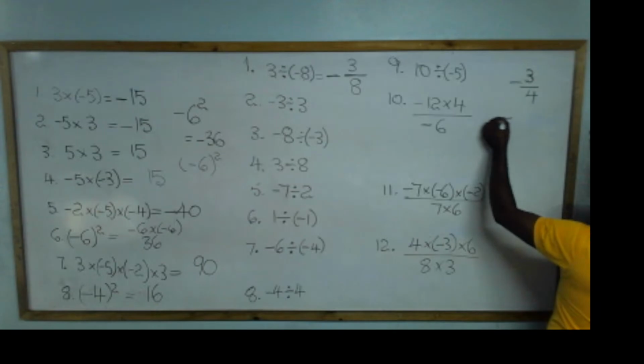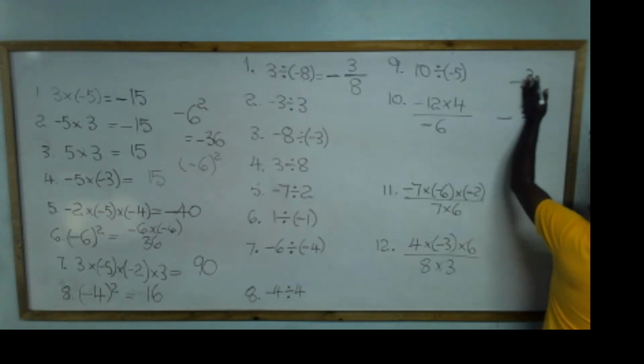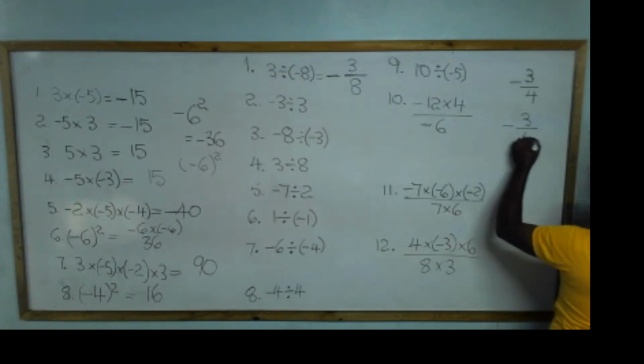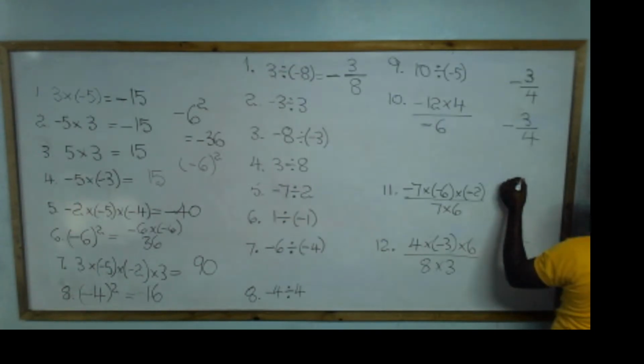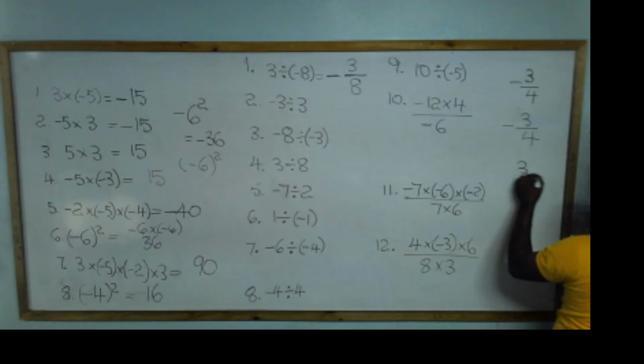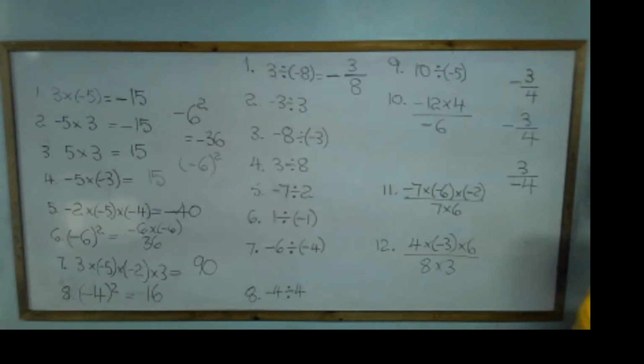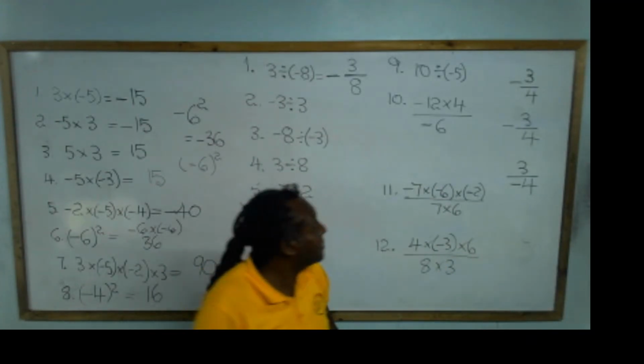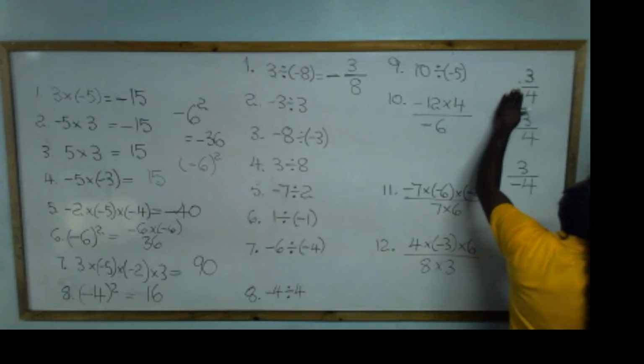The negative of 3 over 4. And of course, you can write 3 over -4. All of those answers are correct. Let me make this look more like a -3.